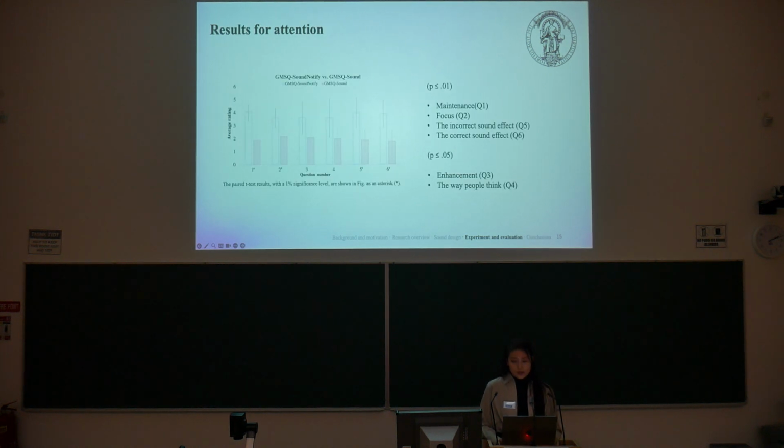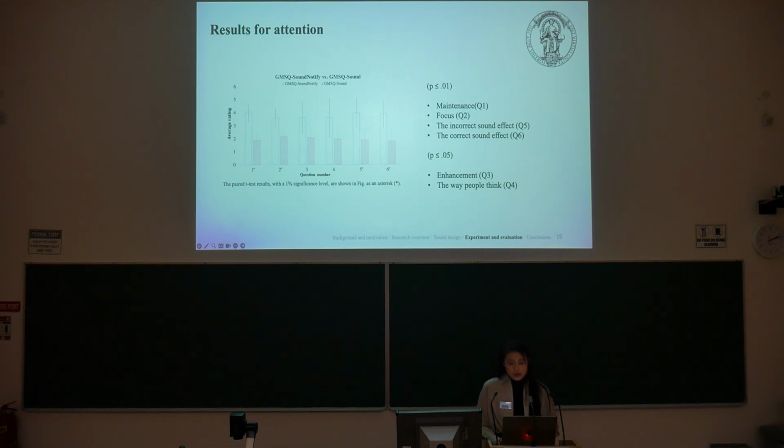And this slide shows the result for the attention questionnaire. The bar shows the average score of the questionnaire. We can see the notification sound version has a higher average in the aspect of maintaining focus, enhancement, and feedback information.